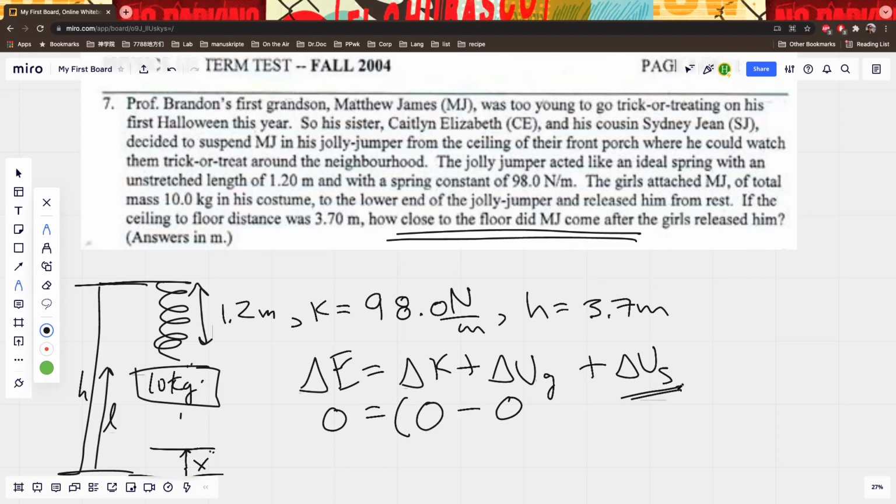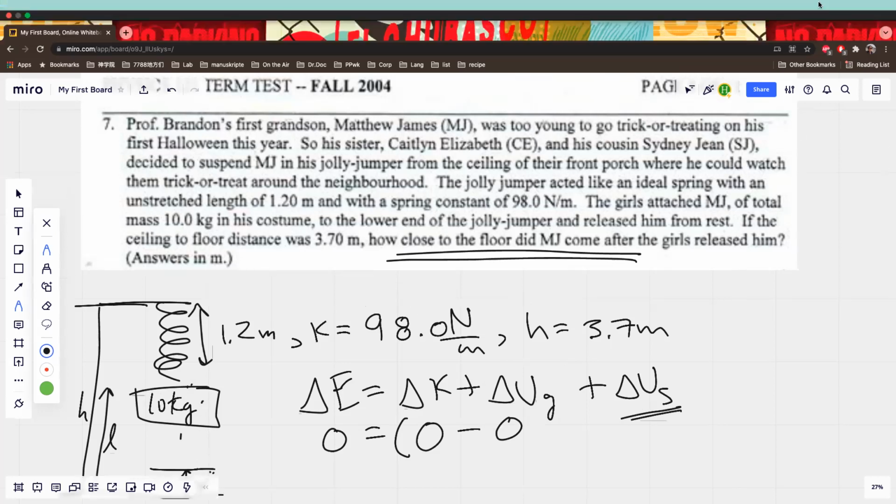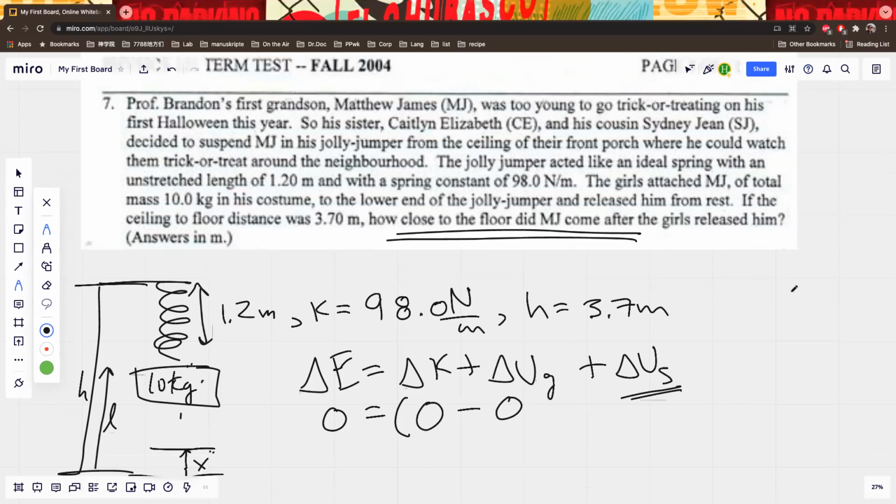So you could even have skipped the kinetic energy and said kinetic energy is conservative, so ignore it and use delta E with gravity and spring. You understand conservative forces? They taught you that? Yeah, I just didn't think about using it.